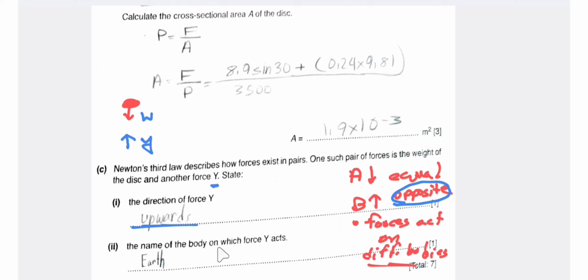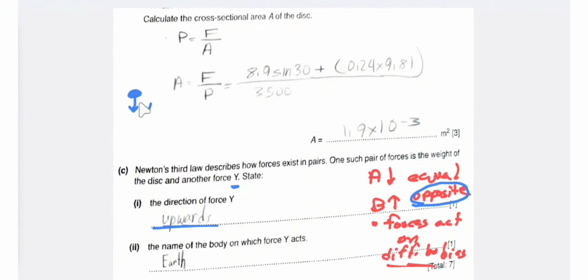Now what is the name of the body on which force y acts? Let's suppose the disk has a weight of W. We need to find the name of the body on which force y acts.